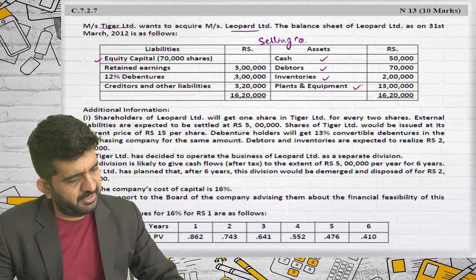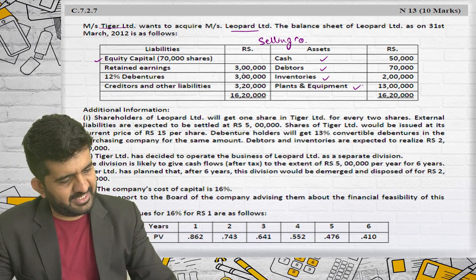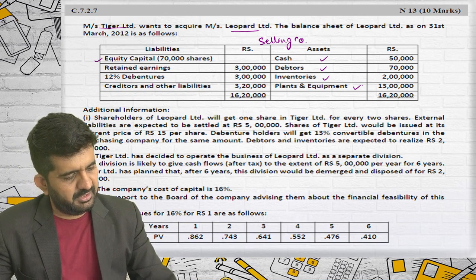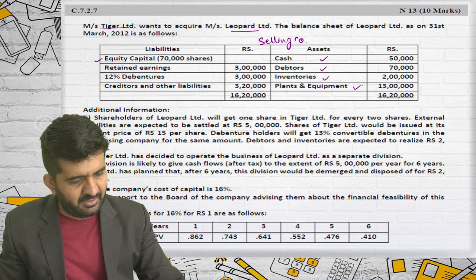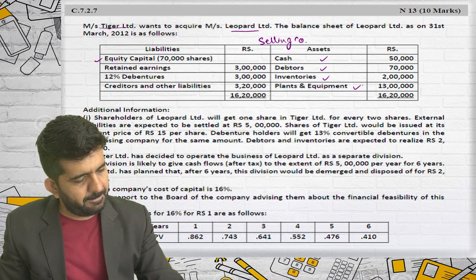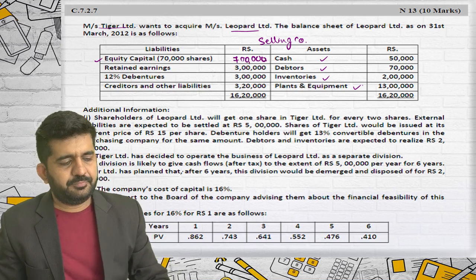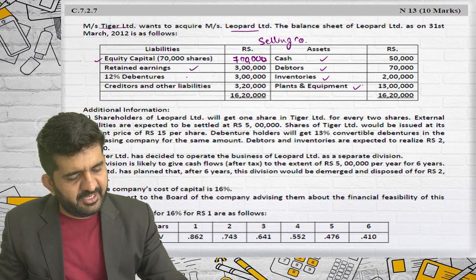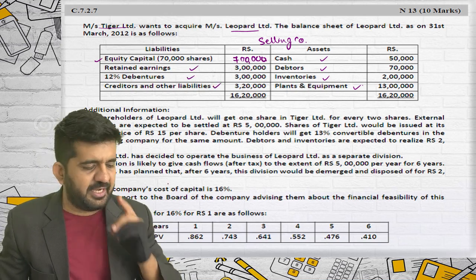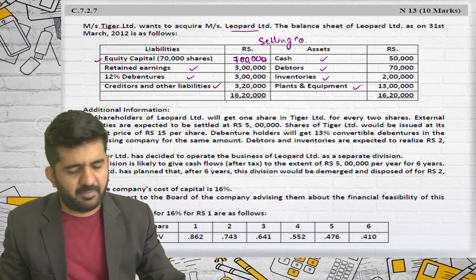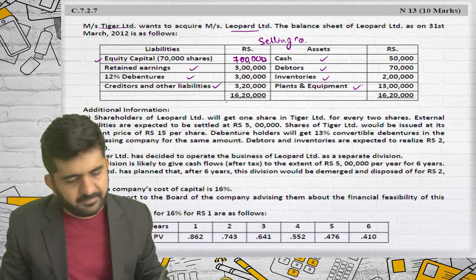Alright, this figure is I think missing. It is 7 lakh rupees. Retained earnings is given, 12% debenture is given, creditors, and this we need not find out. This might be already given, it is just not printed.